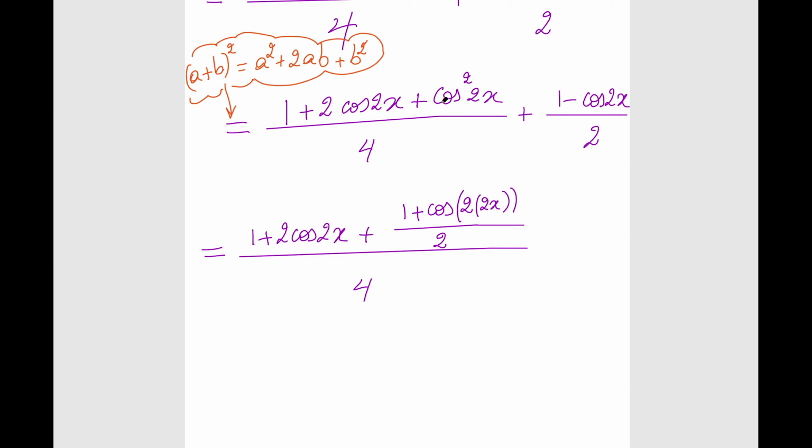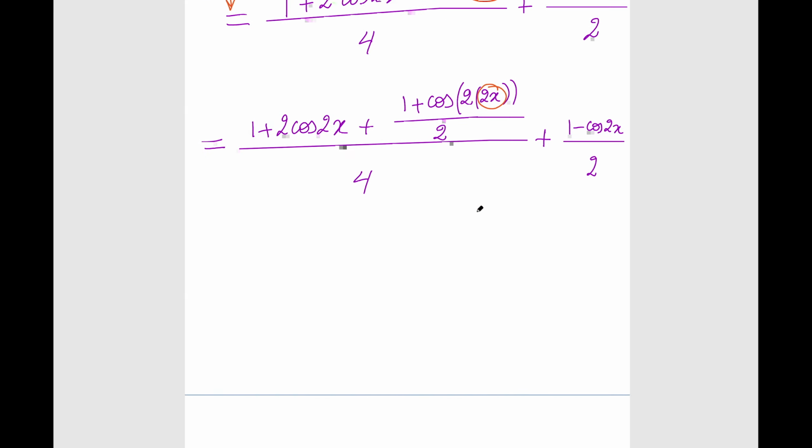The formula says cosine squared of something, and this thing happens to be this guy, is 1 plus cosine of twice that thing, divided by 2. I'm just applying the formula. Plus that other quotient, 1 minus cosine of 2x. What is that? 2 times 2 times x. Isn't that 4x?